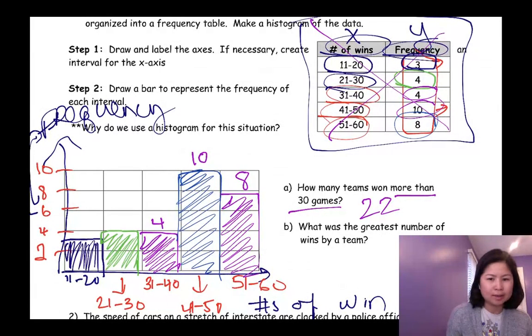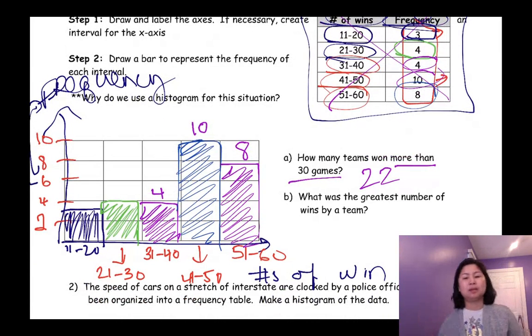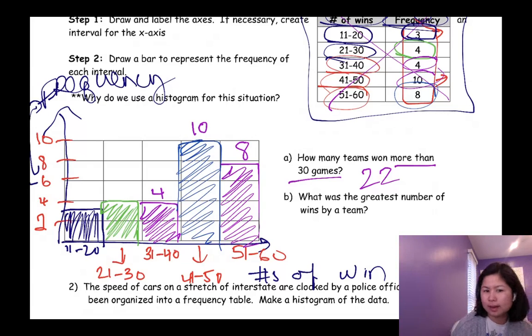What is the greatest number of wins by a team? So what is this question asking you for part B? It asks what was the greatest number of wins by a team? I'll give you a moment to think about that and then put your answer in the chat, or you can just unmute and share your answer. Not quite, Ayana, because it asks what is the greatest number of wins.